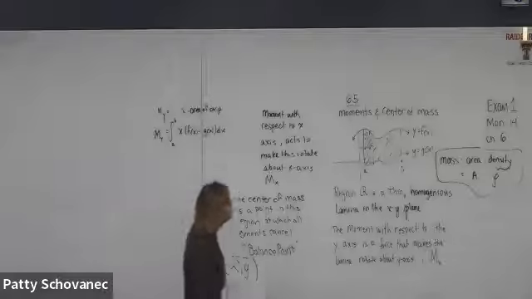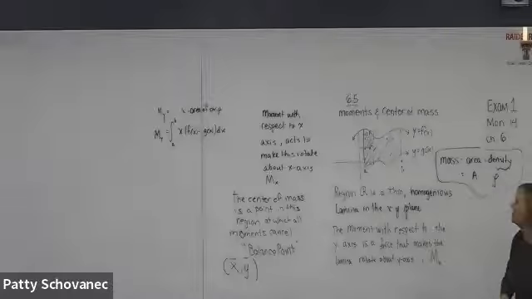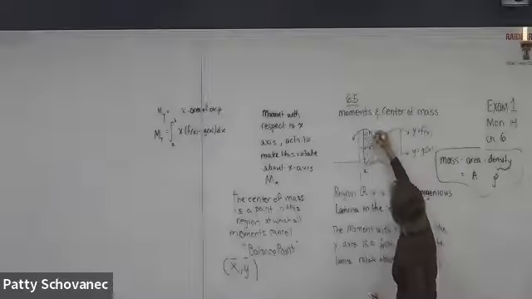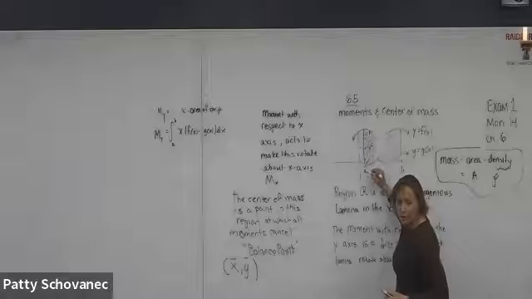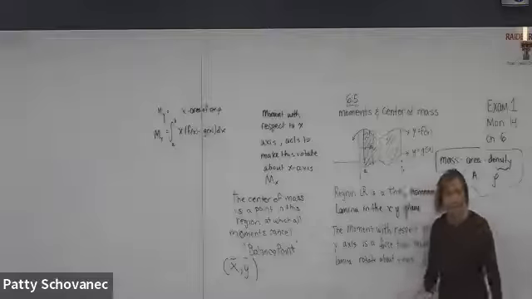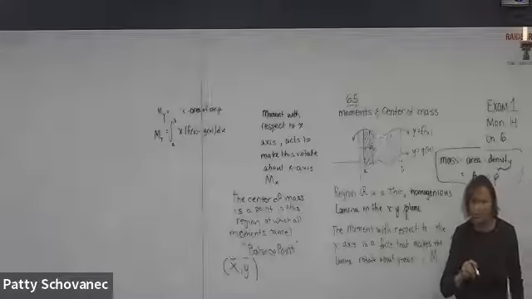Now, the moment with respect to the x-axis: we're going to average the y's within a strip and get the average distance from the x-axis of any point in that region. How do you average some stuff? How do you average two test grades? Add together, divide by 2.